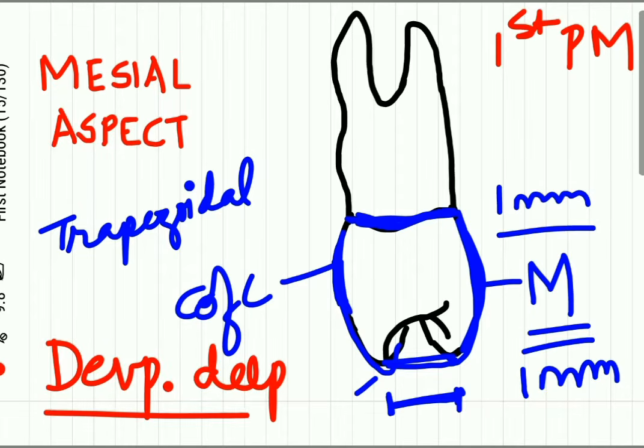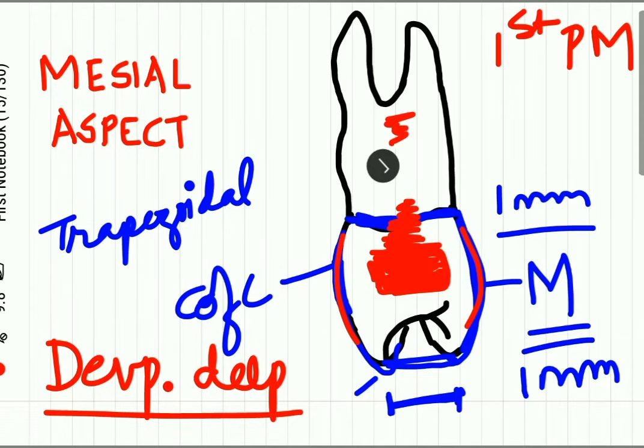This developmental depression is present cervical to the mesial contact area and on the center of the mesial surface. It is bordered buccally and lingually by the mesiobuccal and the distobuccal outlines, and it continues on the root to join the developmental depression on the root.